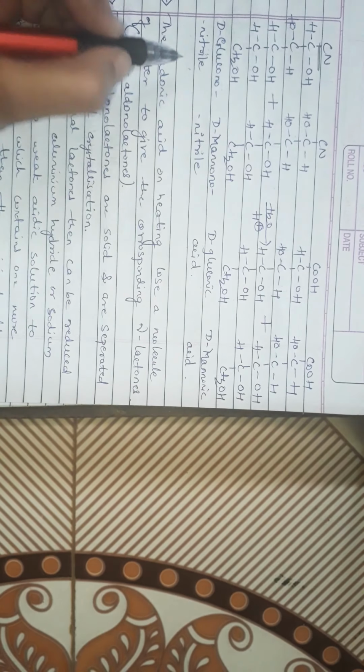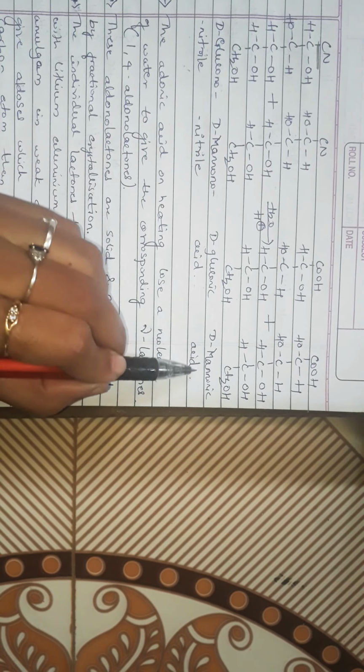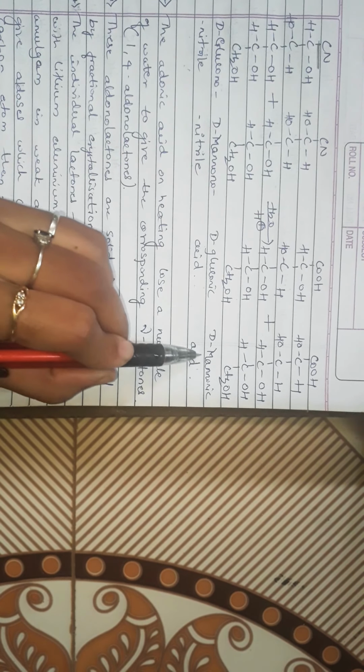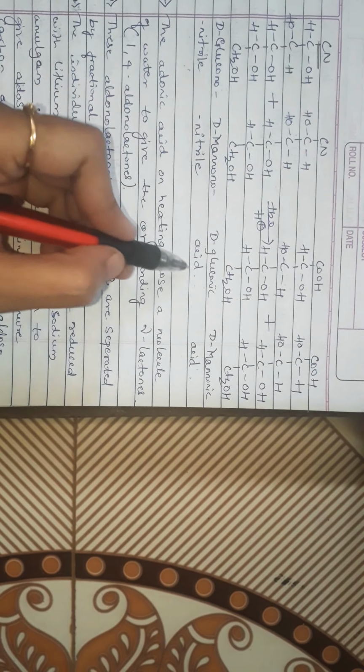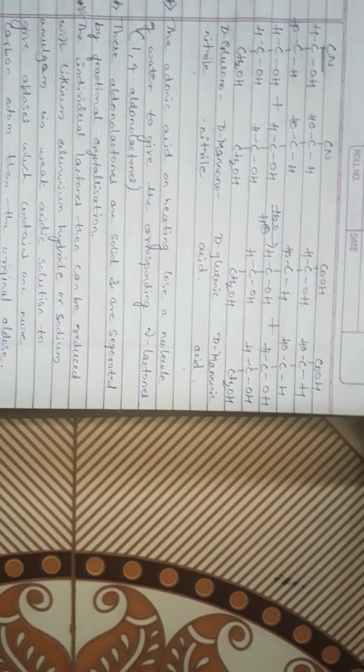When it undergoes hydrolysis, it gives the respective acids. Glucononitrile gives gluconic acid, mannononitrile gives mannonic acid. In the next step, these both acids undergo heating.